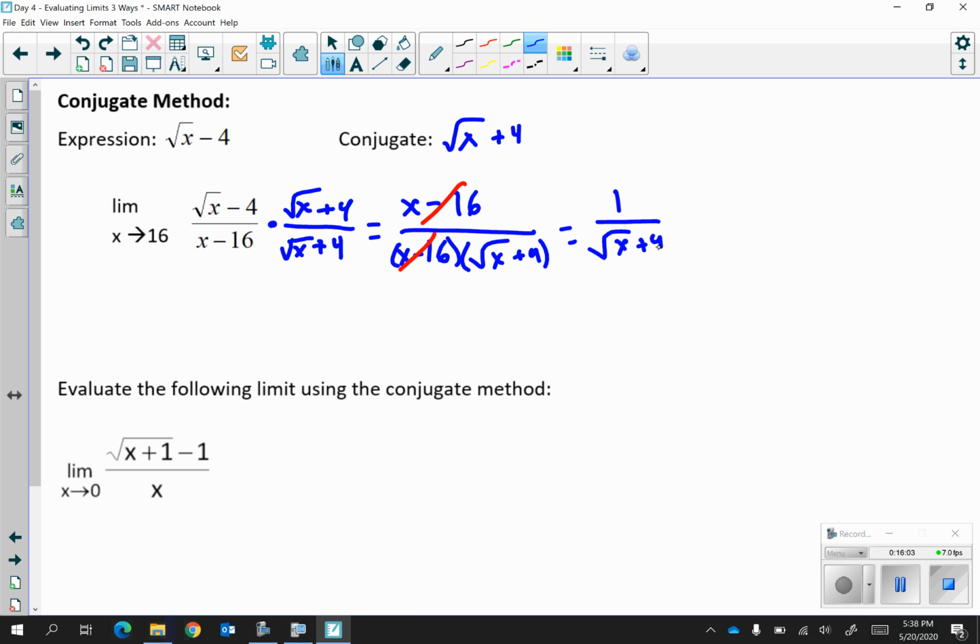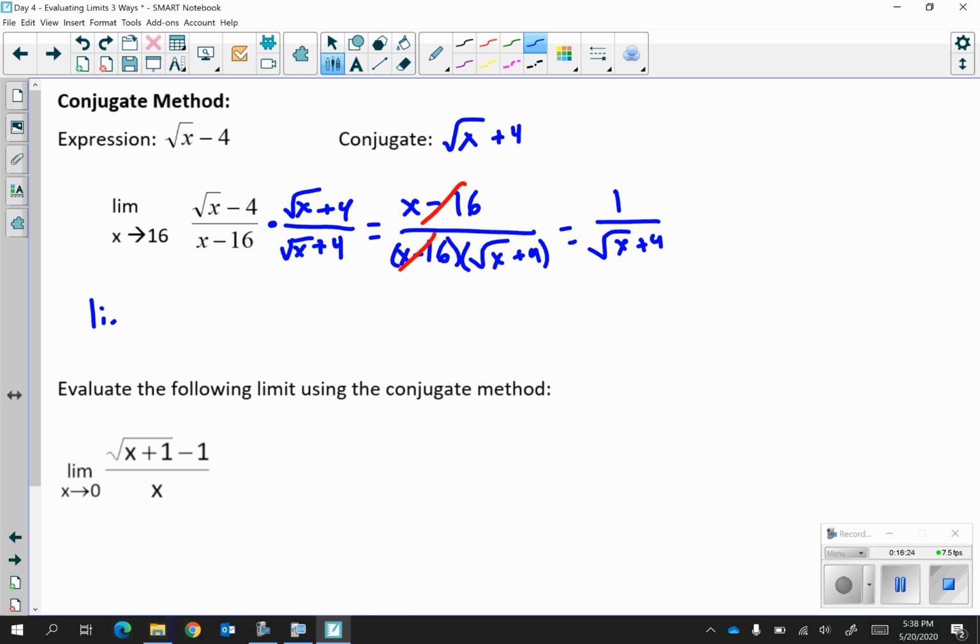Now that we simplified our function, we can now go back to an easier method. Notice that before you couldn't plug in 16 because 16 minus 16 is 0. But now we could plug in 16 because it's not going to make the denominator 0 in this new function. So I'm going to rewrite the whole problem.